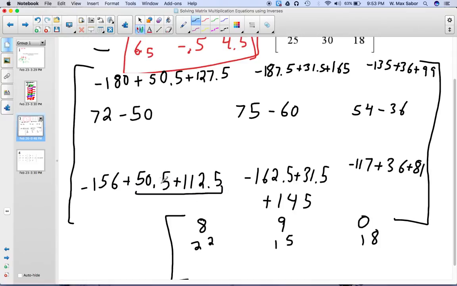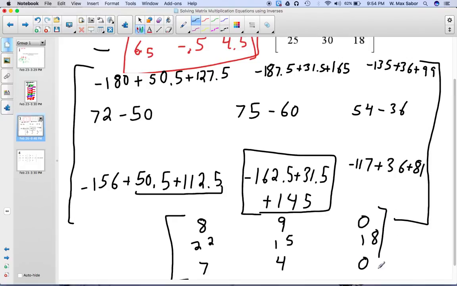This part is 163. So that would leave us with 7. The 145 was part of this. So these two are 17.5 apart. Adding that there is 4, if I did this correctly, and 0. So that's what I believe I should have gotten, if I made some mistake in my arithmetic. This is definitely what the answer is supposed to be.